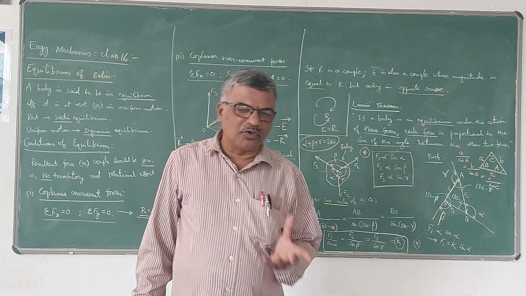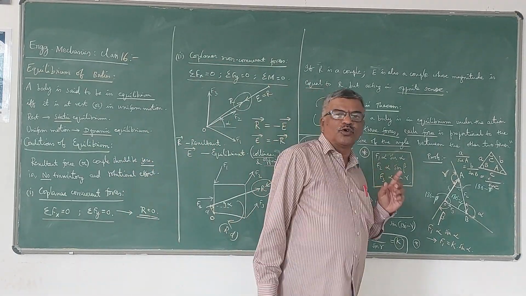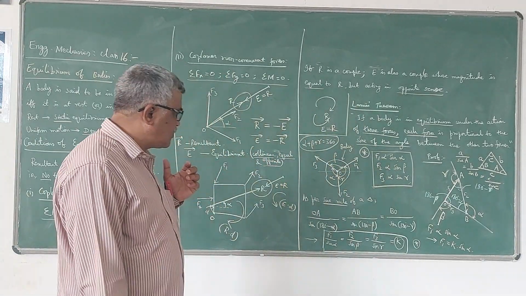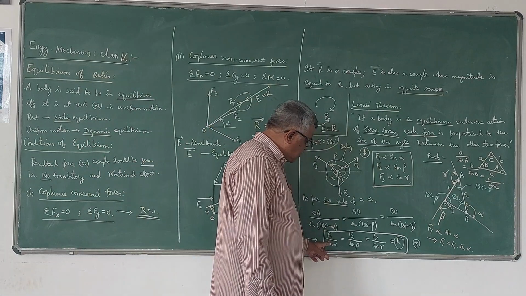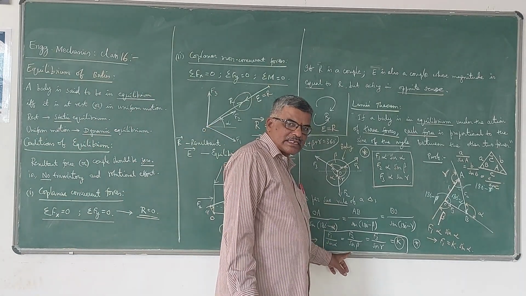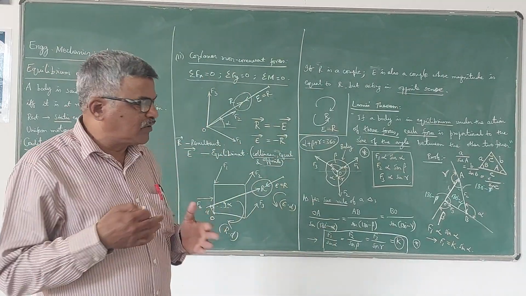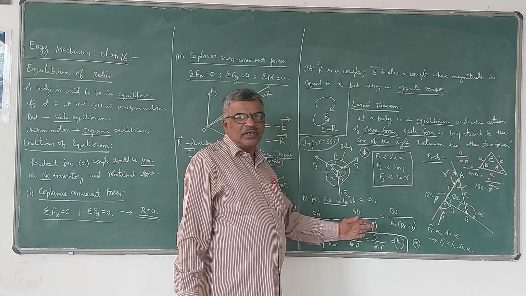Out of 3 forces, if you know only one force, the other 2 can be found using Lami's theorem. Since the third angle is automatically 360 minus the sum of the 2 angles, you can directly use it here and find the unknown forces.